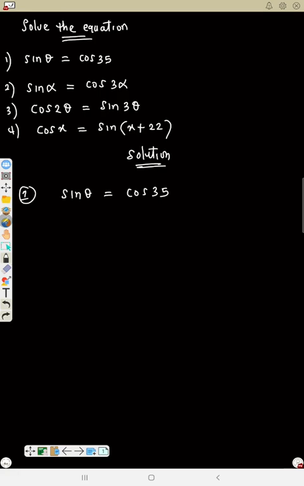So we are going to check the identity I proved. Sine theta is equal to cos of 90 minus theta. So that is the identity we proved.